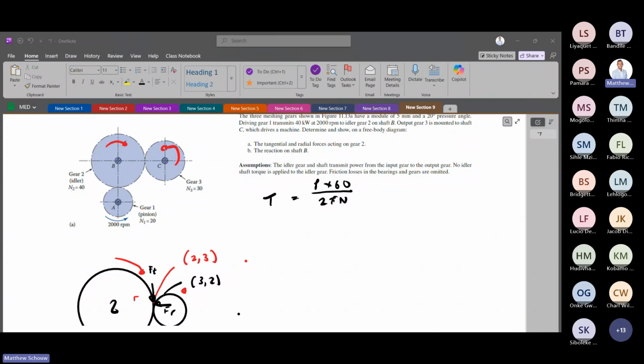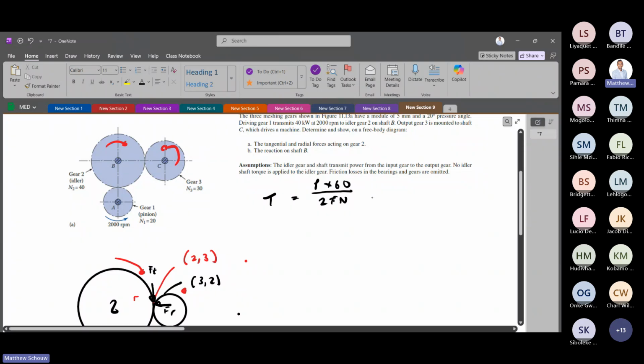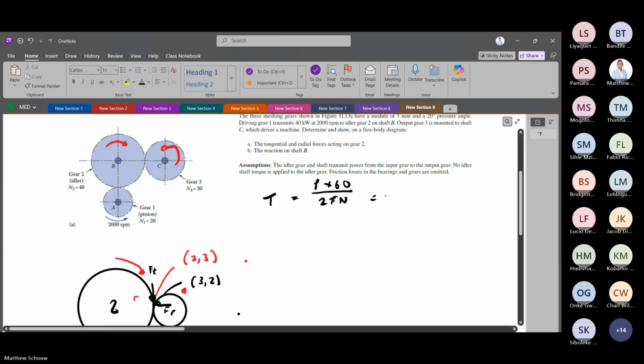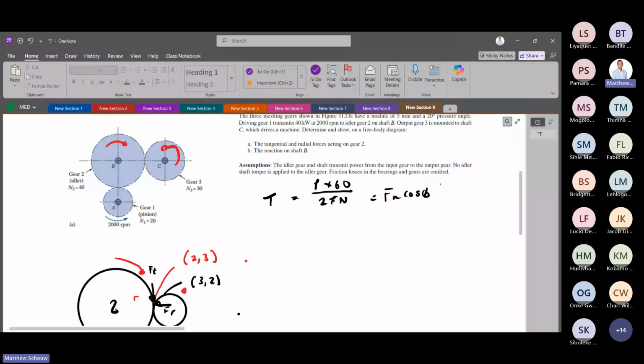So we know that torque is also equal to Fn cos theta by d over 2. But if you remember, Fn is basically that force over here.